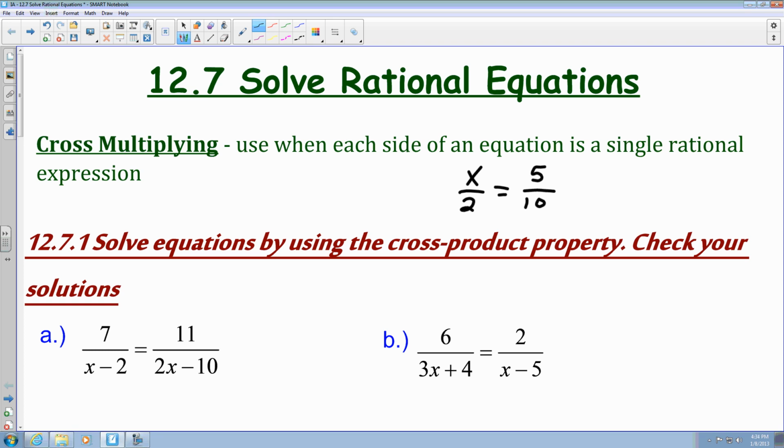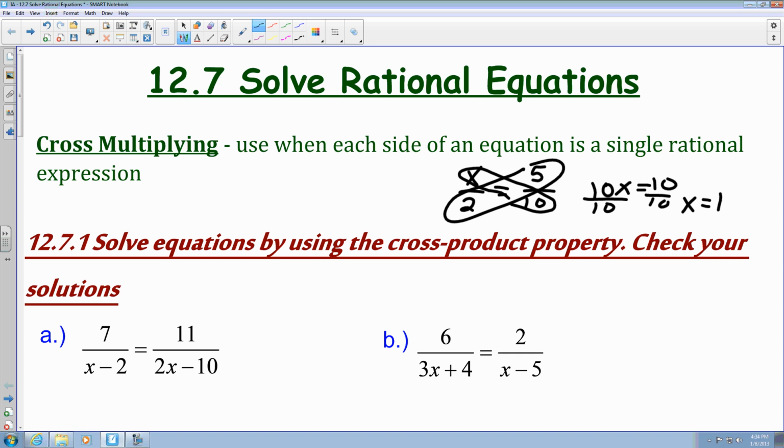If you cross multiply, you multiply these two together, which makes 10x, and then you multiply these two together, which gives you 10. Then you divide both sides by 10. In this case, your x would equal 1.